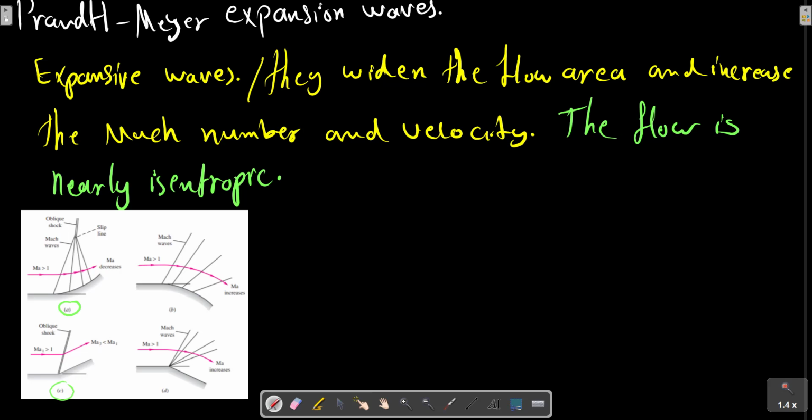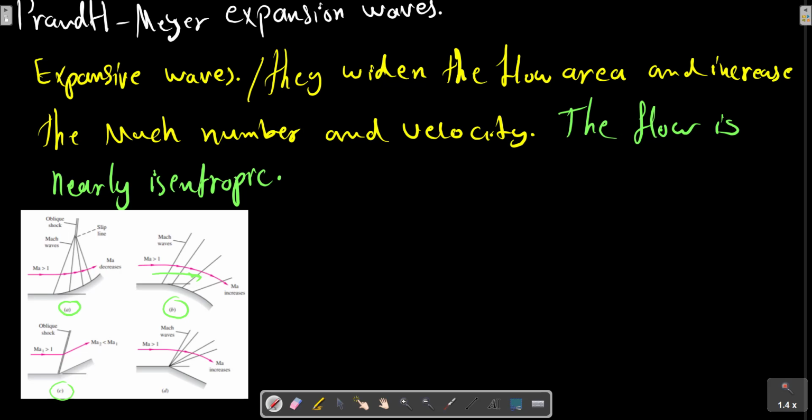The gradual expansion in the B case causes a smooth isentropic increase of Mach number and velocity along the surface, with diverging Mach waves forming.